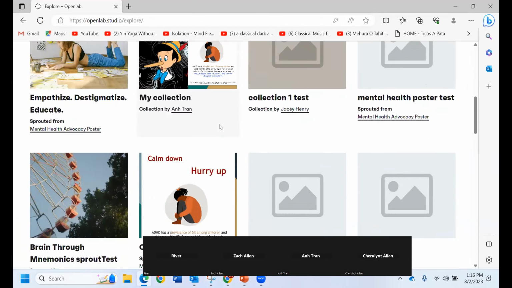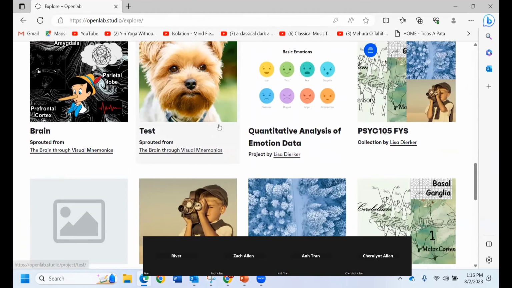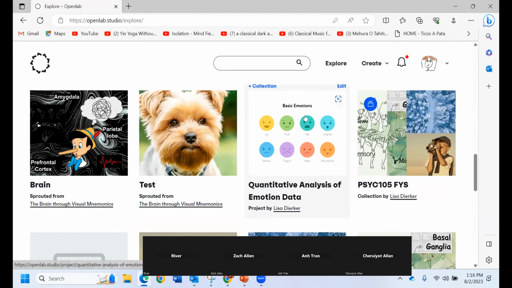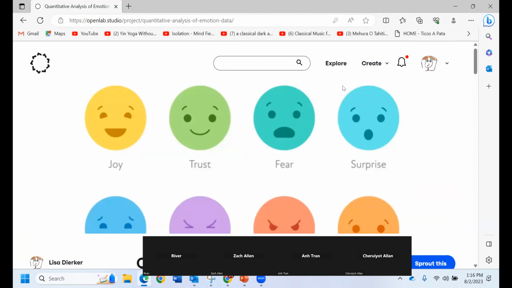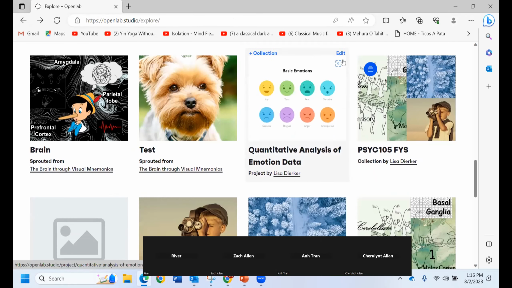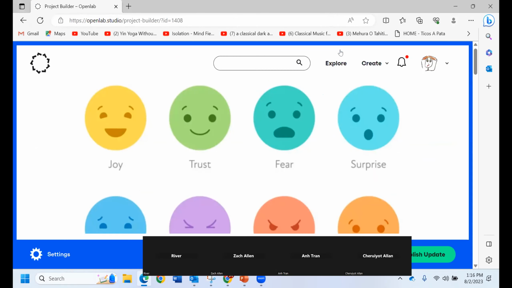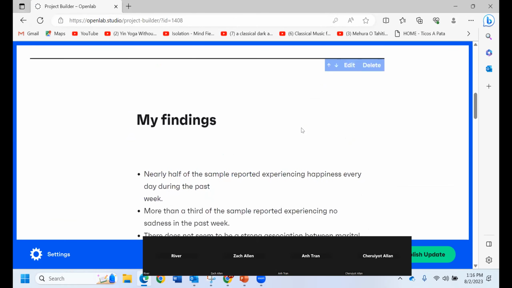Okay, so let's say I want to delete one of my projects. I've got to go find one of my projects. Actually, let me go back. I should have clicked on edit. Okay, so I'm going to hover over this. If I wanted to, I'm not going to, but if I wanted to delete this project, I'm going to click edit. And then I'm going to go down here.